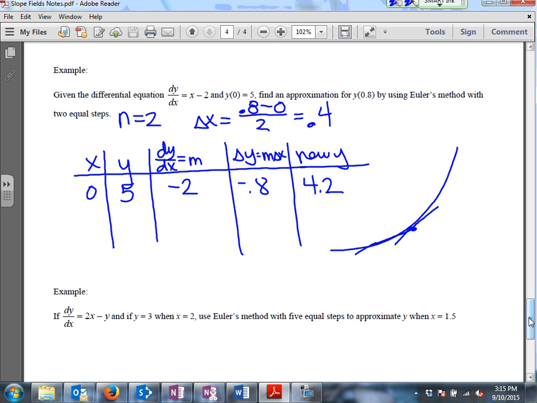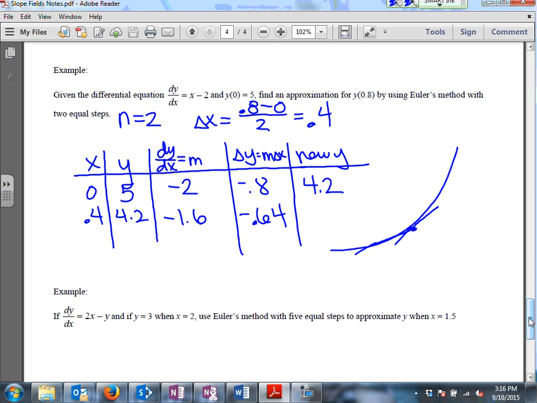So now we have our x coordinate at 0.4, 4.2. So now what's the slope on that tangent line? -1.6. All right, our change in y, we take our slope times change in x. -0.64. Right. Okay.